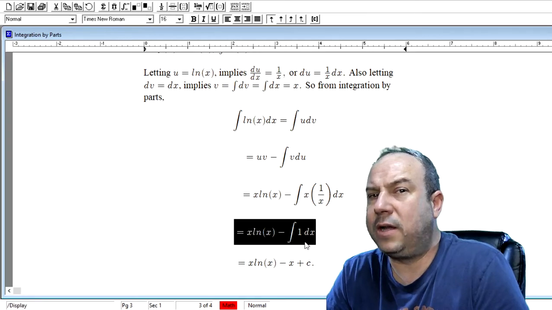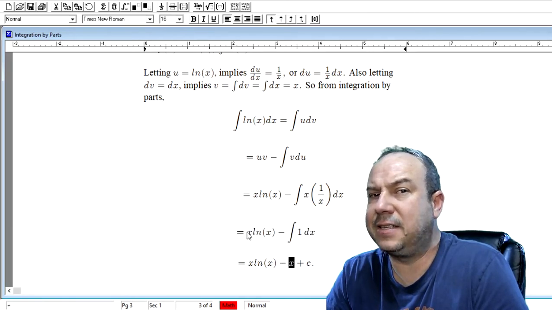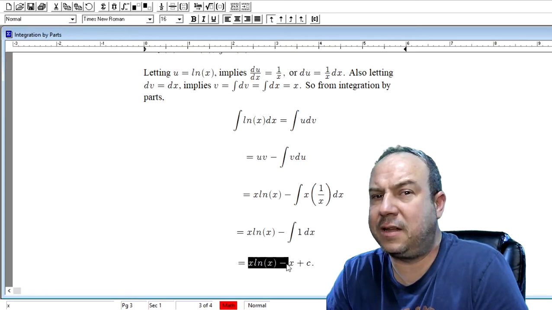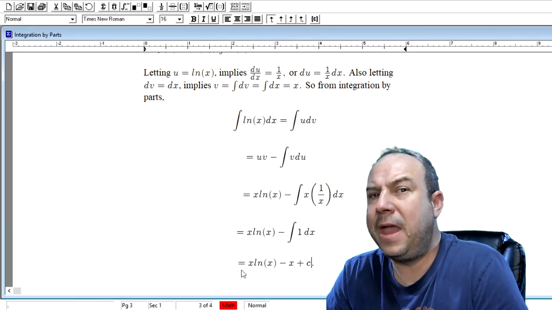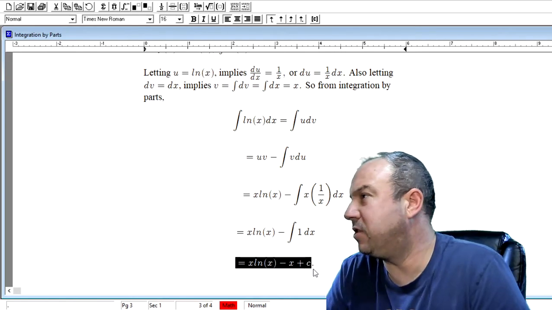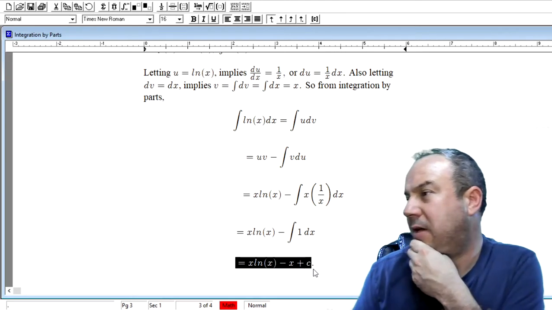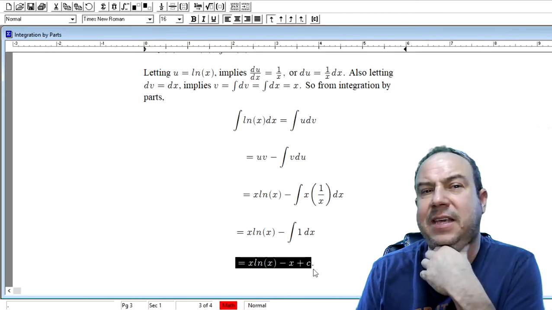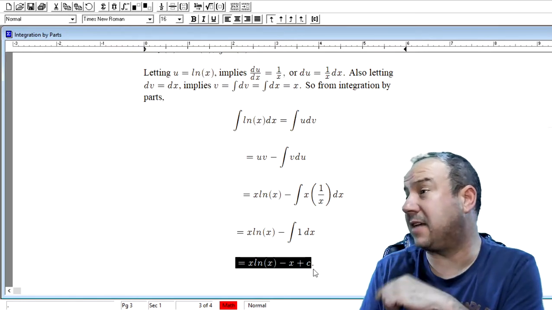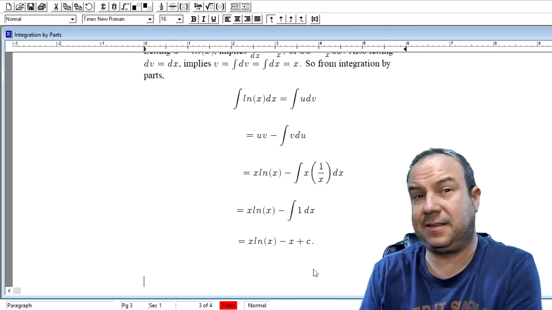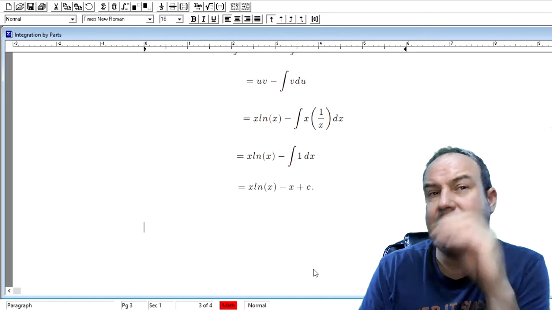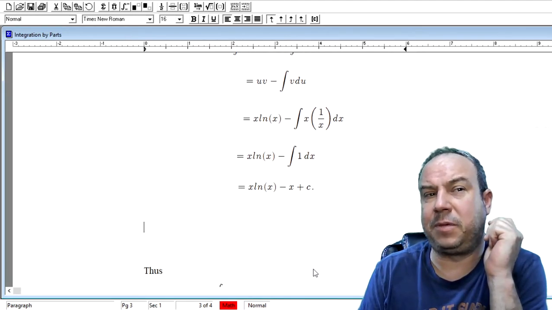And the integral of 1 is just x. So here we end up with x ln of x minus x plus c. And this is the integration result, the antiderivative rule for the ln of x. The antiderivative of the ln of x is x ln of x minus x. Right? That is its description of behavior.